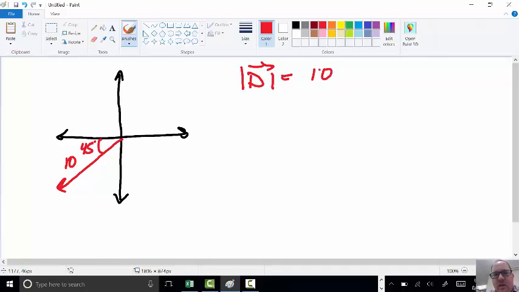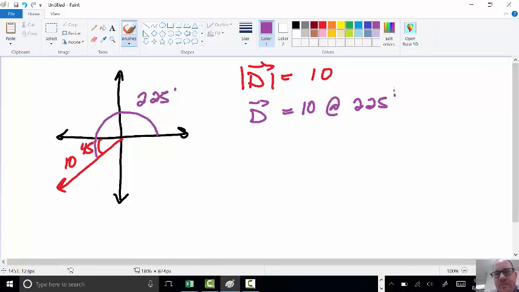Another thing you should know about describing these vectors mathematically is you can call the angle as a reference angle from the positive x-axis all the way around. And so in this case, of course, this is 90 plus another 90, 180 plus 45. So this angle is 225 degrees. So you could say vector D is equal to 10, and I usually do at 225 degrees.